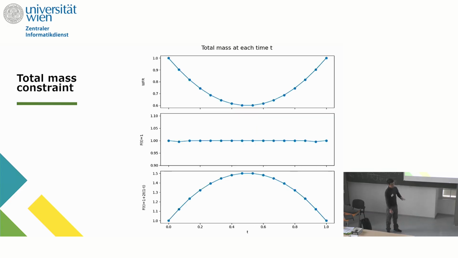For the total mass, in the unconstrained case it shrinks and it grows. For the second one, where we constrain the mass to be always 1, it's almost always 1. But this is an approximation algorithm, so the constraint is not always satisfied.